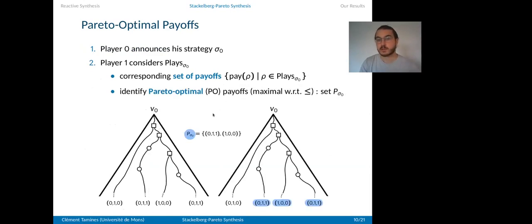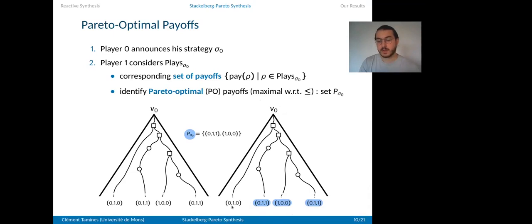Then, since player 1 is rational, it is natural that he would want payoffs which are maximal with regards to the partial order which we have introduced. These payoffs which are maximal are the Pareto optimal payoffs. So in this case, they are highlighted in blue given the plays which are consistent with the strategy announced by player 0.